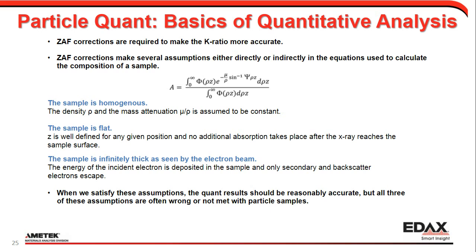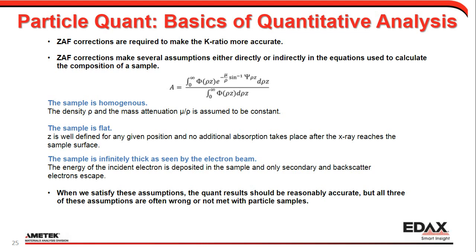ZAF corrections make three assumptions. This is the equation of absorption. You have seen this equation on the slide, sample self-absorption. So ZAF corrections assume the sample is homogeneous, and assume the sample is flat. That means if your sample has topography, then there is additional absorption that takes place after the X-ray reaches the sample surface.